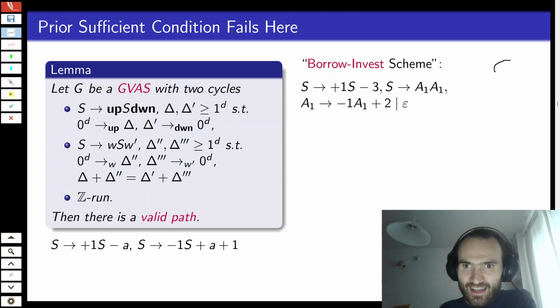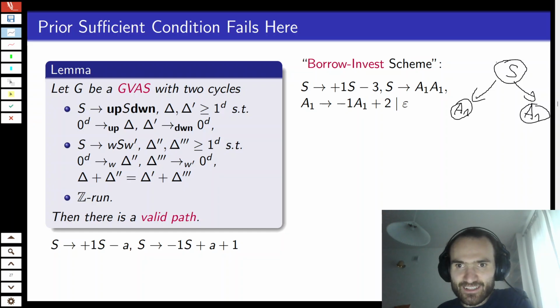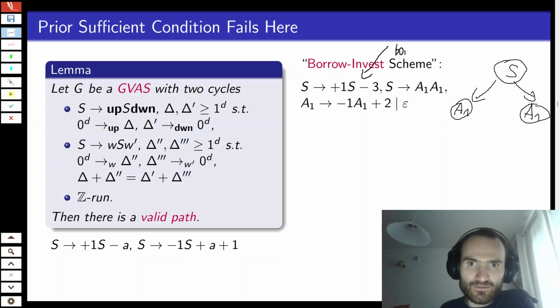So I like to visualize this as I have S here, and then I have two A1s, one on the left and one on the right. As always, I want to distinguish between the left and right child. And now here S, this has a ratio of, like here I can borrow money with a ratio of 3. Okay, so why do I say this is a ratio of 3?